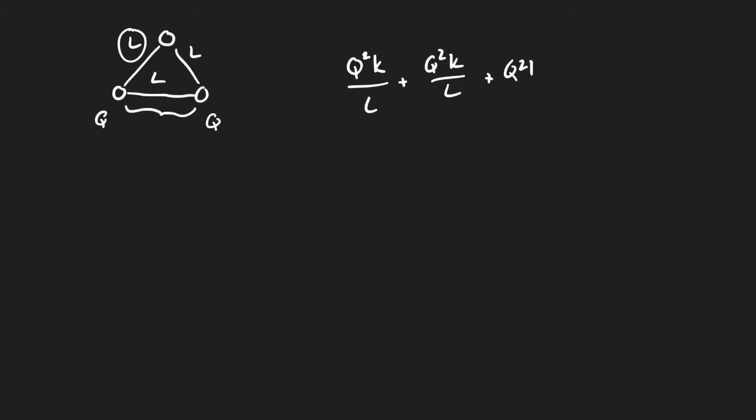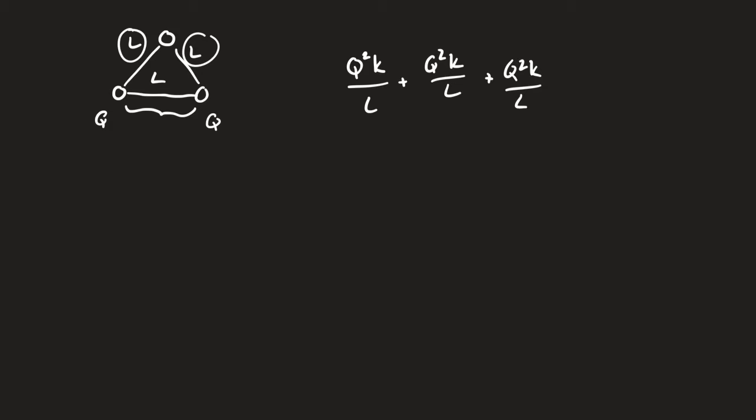So this would be Q squared times K over L. That's how much energy must be between them, because it's based on the energy for every two. So if I bring a third one here, that's a distance L away from the other two, well, then I have to add Q squared K over L for this connection and Q squared K over L for this connection.